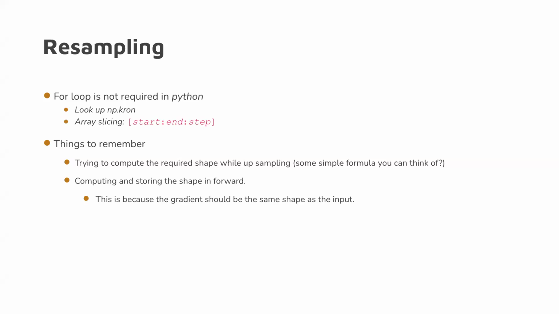We have two methods that you can utilize for resampling. One is you can look up np.kron. np.kron is a NumPy function which finds the Kronecker product when we have two matrices under consideration.